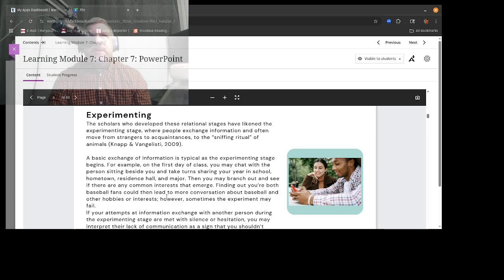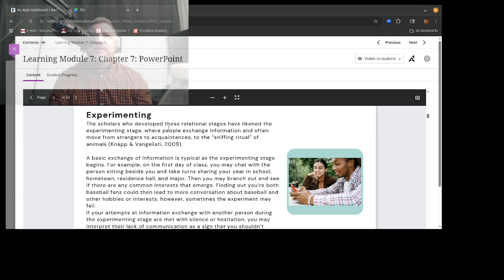Experimenting, that's our next stage, but remember, these stages don't always work in sequential order. They're not always boop, boop, boop, boop, right? So the experimenting stage is, I'm trying to think of the best way to explain it.